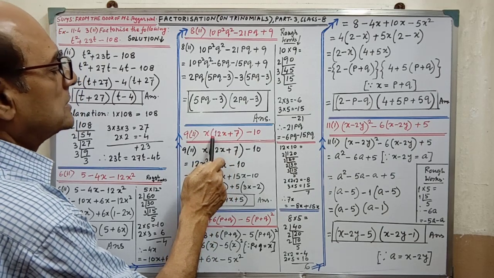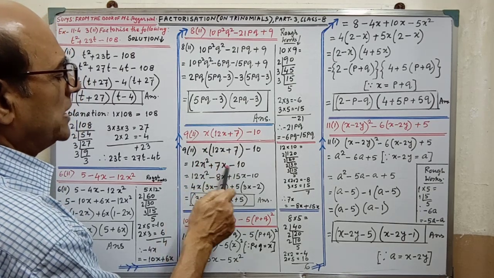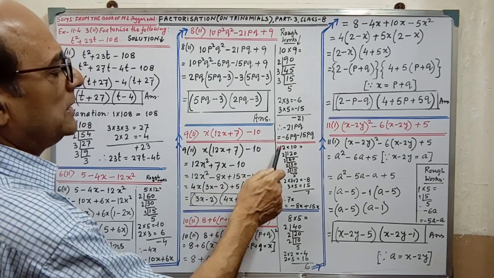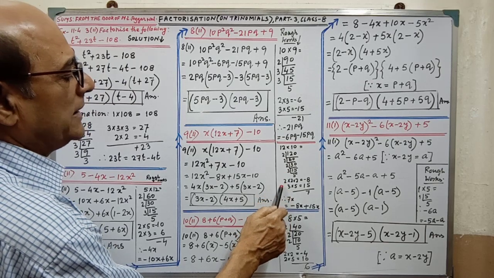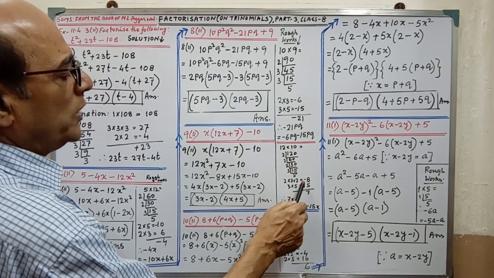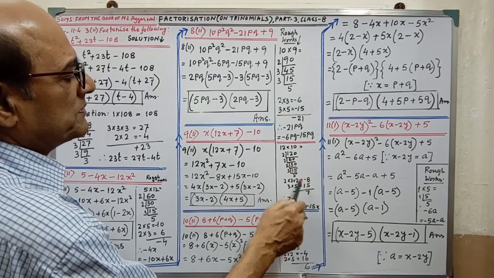Next, in this sum, 3 terms are not given here. By multiplication, we are getting 3 terms. Then, by the previous method, we have to multiply 12 and 10. Then we have to do LCM. By LCM, we are getting these factors. With the help of these factors, we are getting 2 terms, that is minus 8 and plus 15.